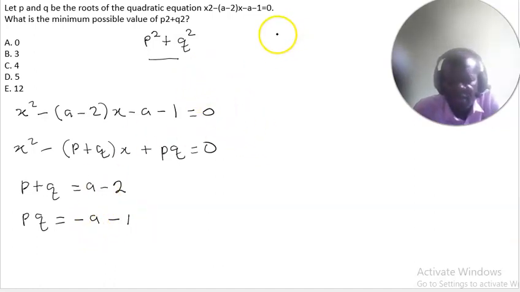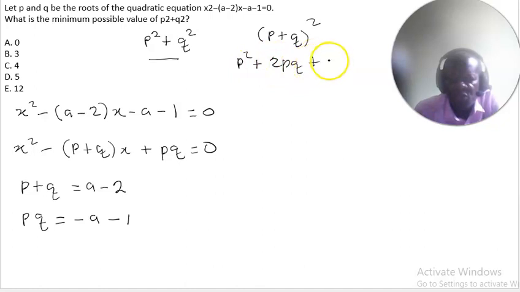Now, we know that if you square P plus Q, you will get P squared plus 2PQ plus Q squared. In order to turn this into P squared plus Q squared, we subtract 2PQ.